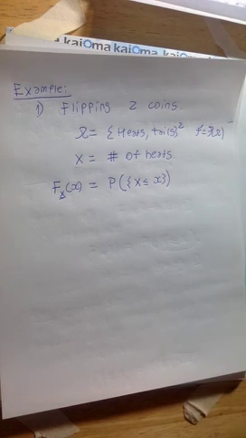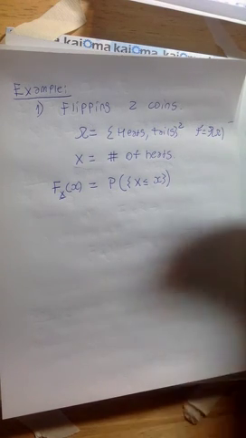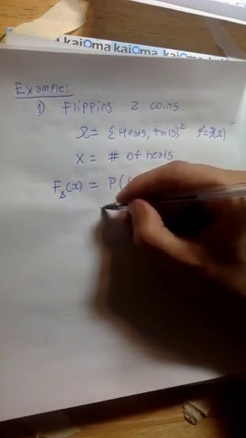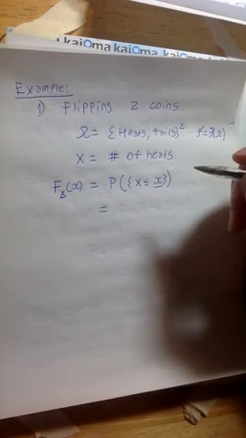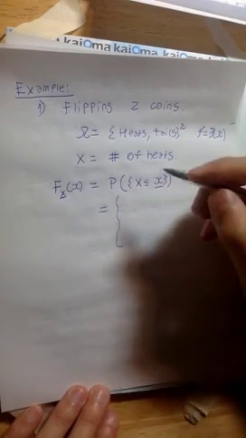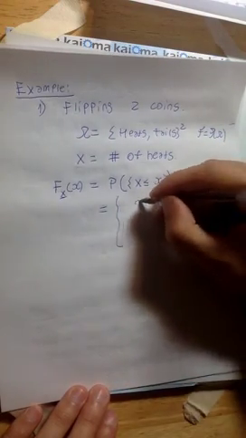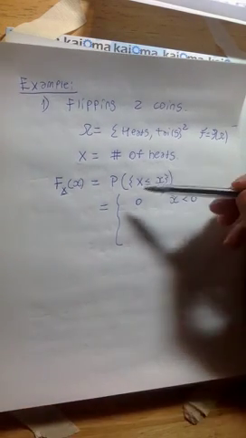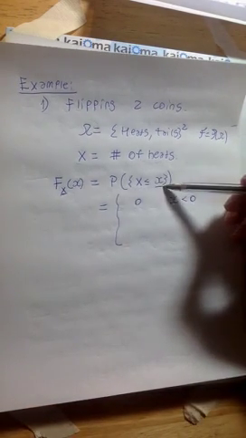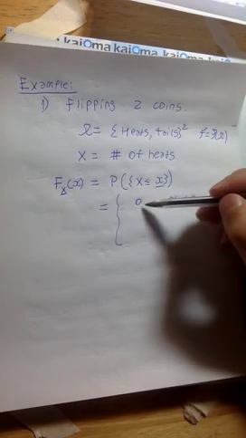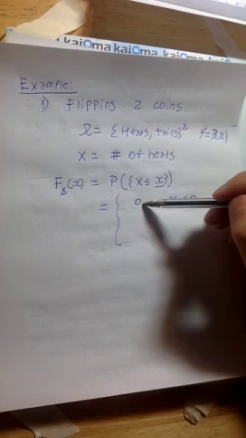This is a discrete variable, so it will depend only on discrete values of x. It would be equal to 0 if x is less than 0. What is the probability that you have less than 0 heads? 0 heads is the lower bound, so the probability of this will be 0.